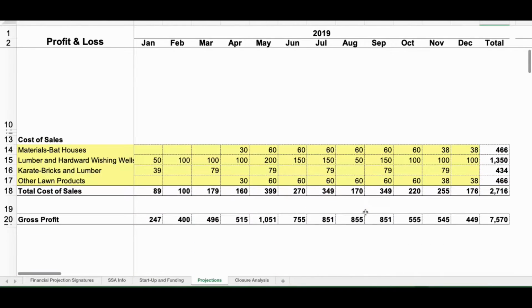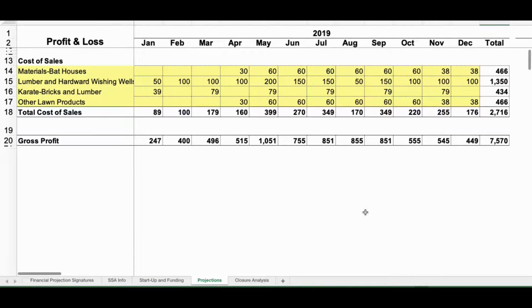So we'll scroll down to the next section and look at some of the expenses that he's expecting. Remember, this cost of production has to do with the materials that are going into the development of the products that he's selling. And as we just discussed, you should see a separate line item for each of the different product lines.